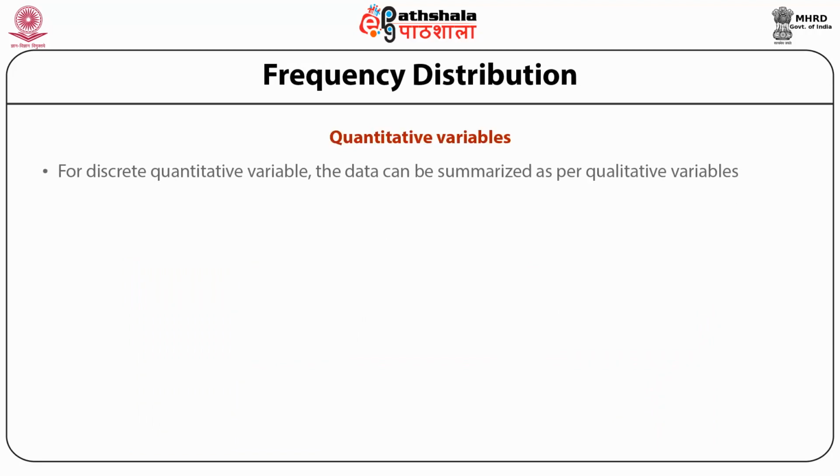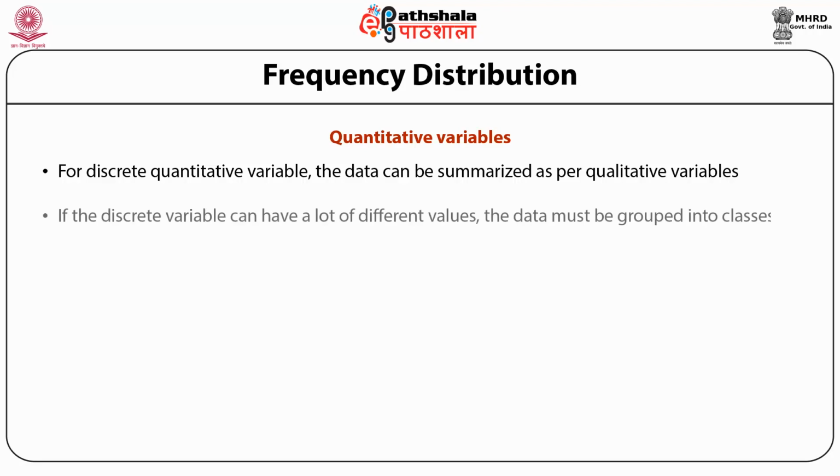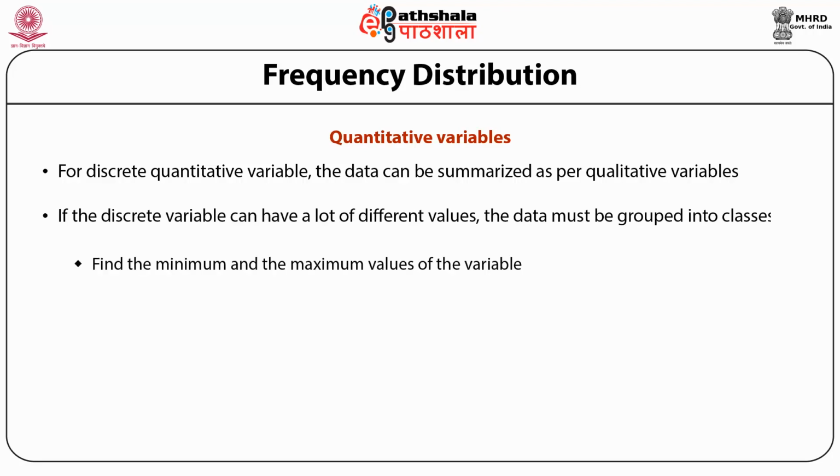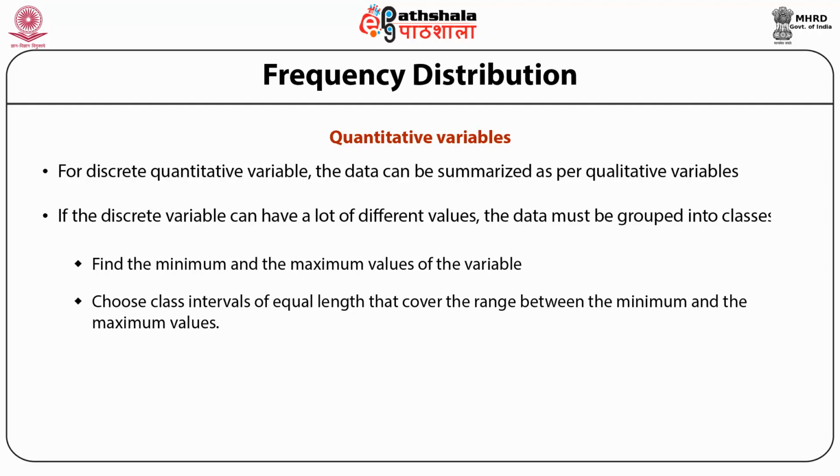For discrete quantitative variables, the data can be summarized as with qualitative variables, whereas you will have a lot of quantitative terms that you can list down in the tables. If the discrete variables can have a lot of different values, the data must be grouped into classes. Find the minimum and maximum value of the variable, and choose class intervals as per your requirement.